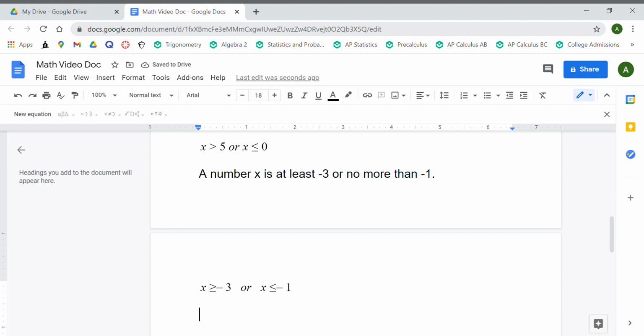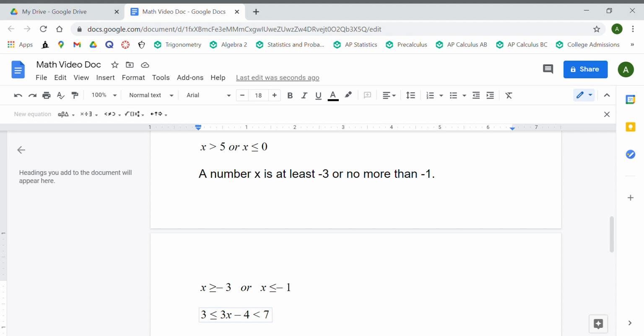And speaking of solutions, are we ready to solve them? I hope so. Alright, so let's try this first one here. We have 3 is less than or equal to 3x minus 4 is less than 7.